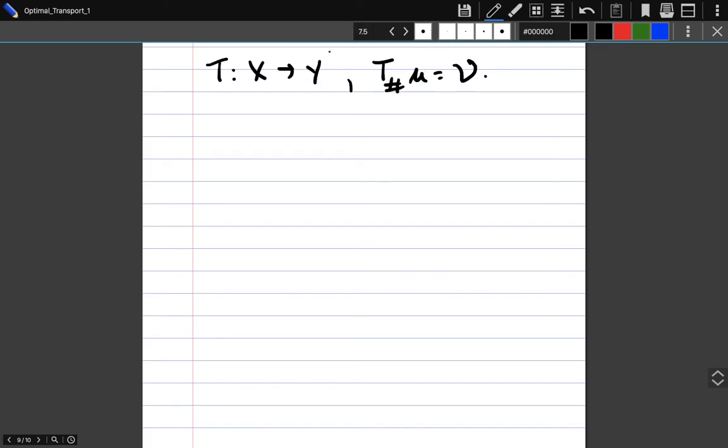And so then what you can do is consider gamma of T, which is defined as follows. So gamma of T is a product measure defined as follows.